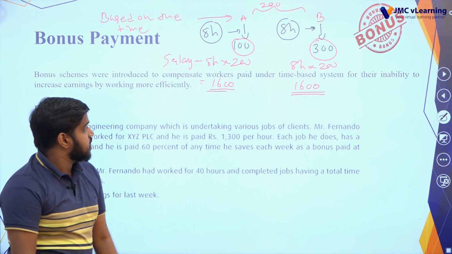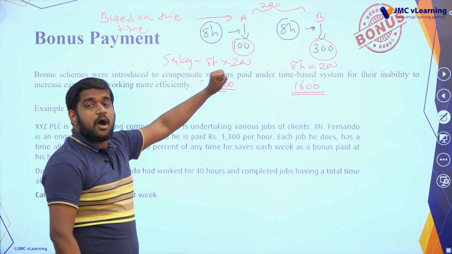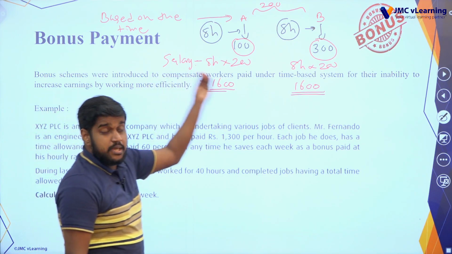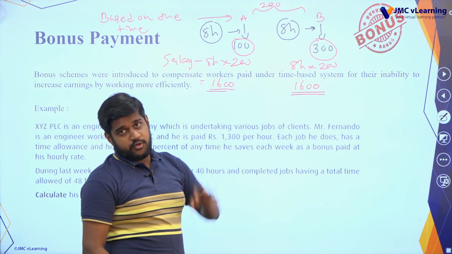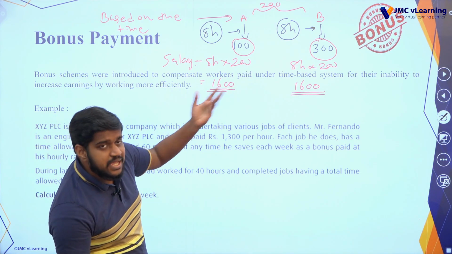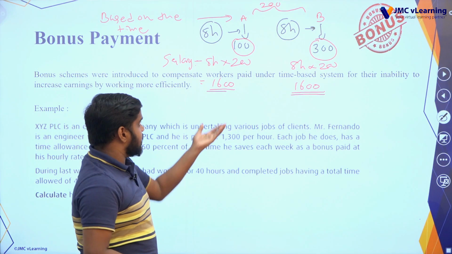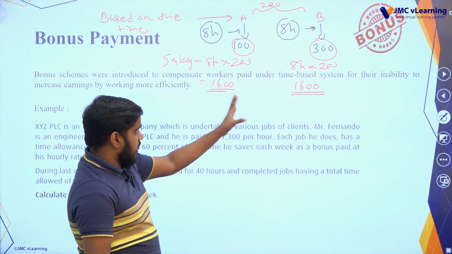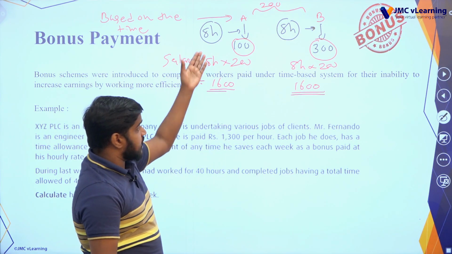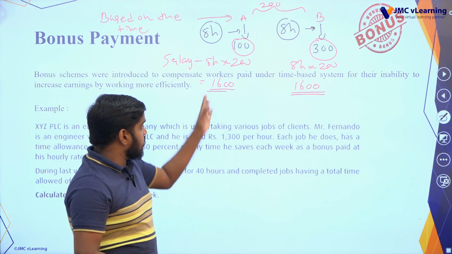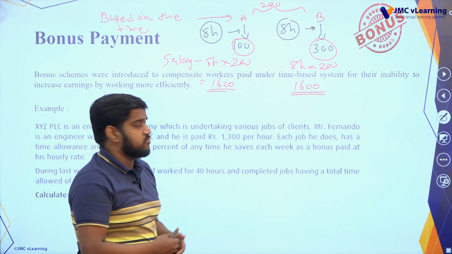But when we consider their outputs, A only produces 100, but B produces 300 units.